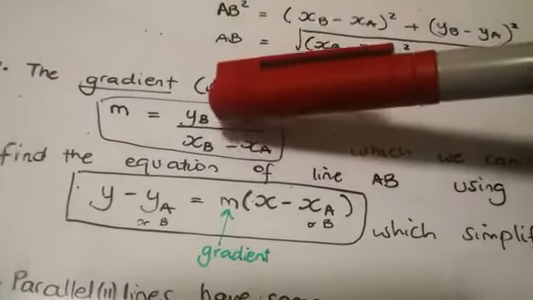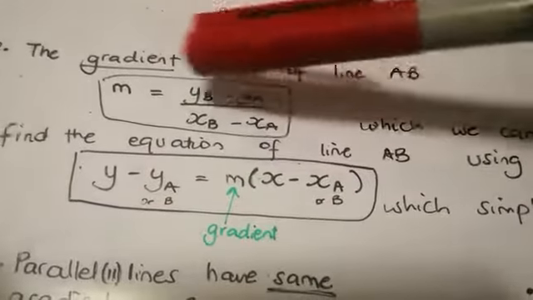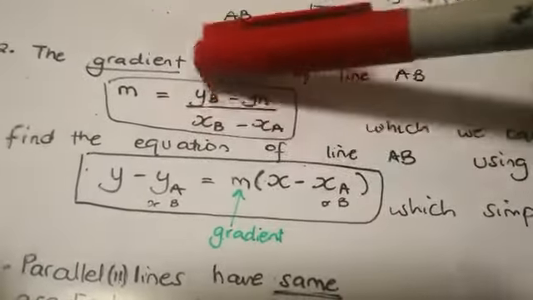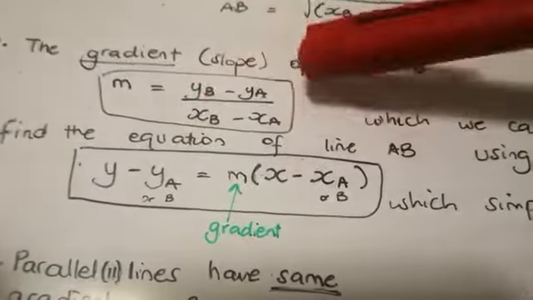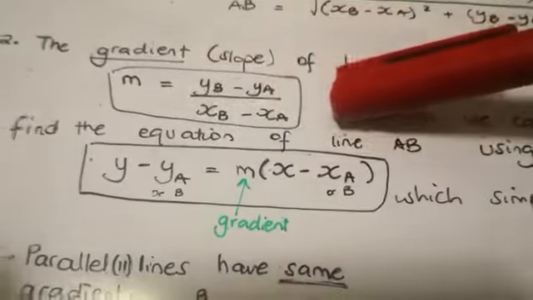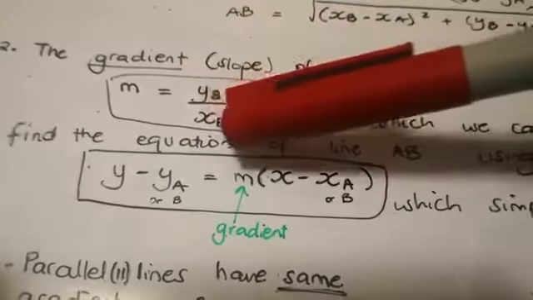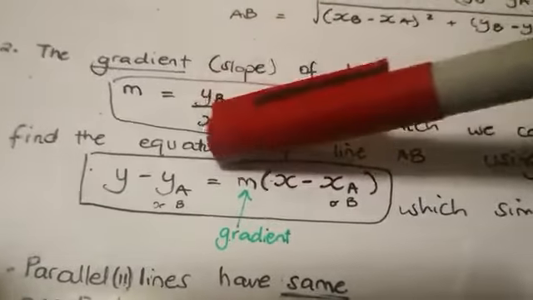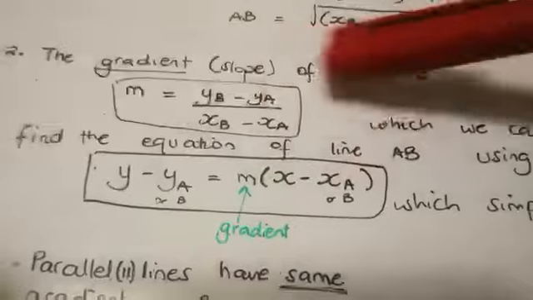Notice how this is the B coordinate and this is the A coordinate. Don't swap them around. If you started with the B coordinate, then it must be B minus A in both y and x. It mustn't be a case where on top it is B and at the bottom it is A minus B. Make sure that the order is maintained.